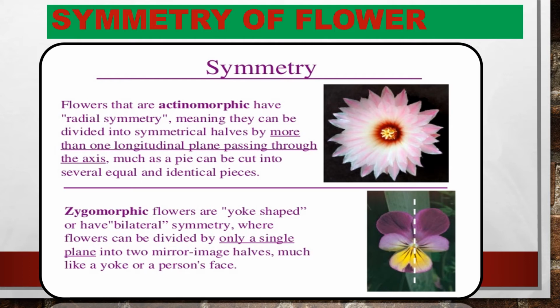That means if you cut the flower along any longitudinal plane through the mid-axis, you will get several identical pieces which possess all the floral parts, including calyx, corolla, androecium and gynoecium. That is sepals, petals, androecium and gynoecium.